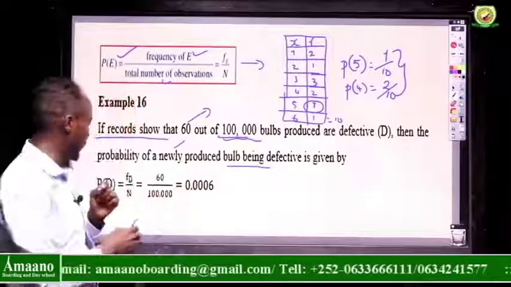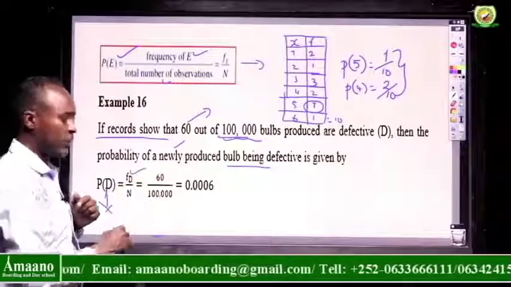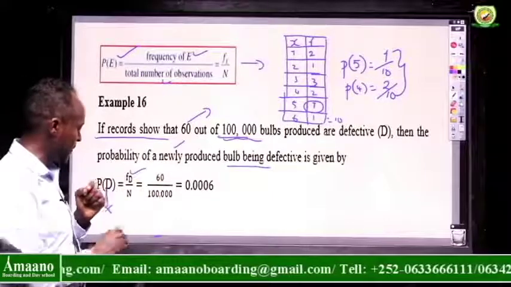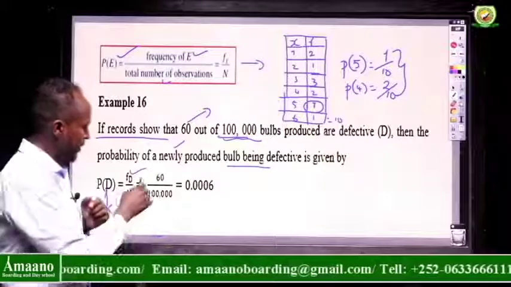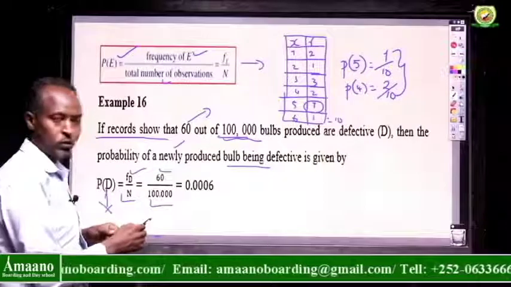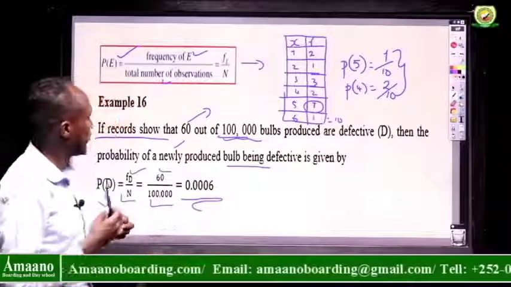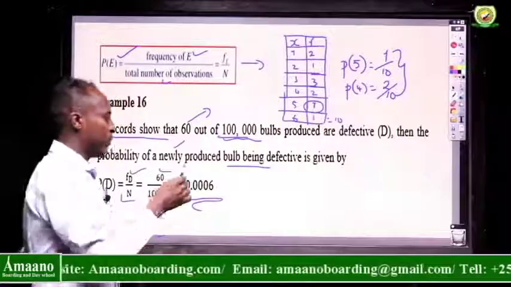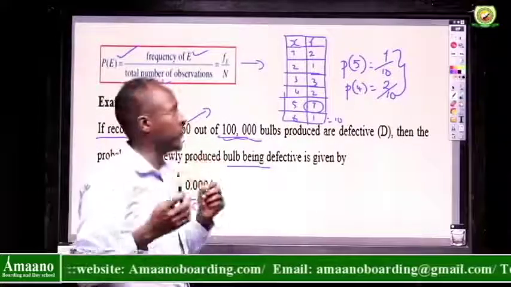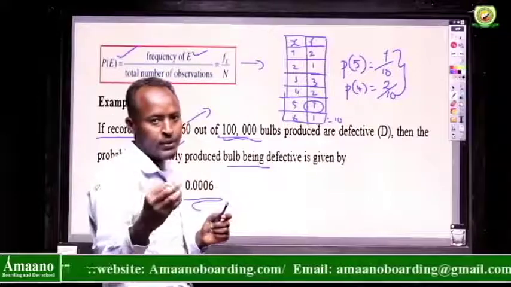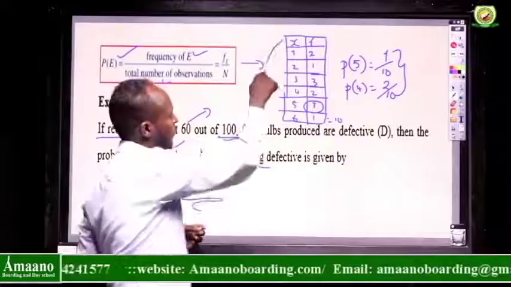Therefore, the probability of getting a defective light bulb is the frequency of the defective light bulbs divided by the total number of bulbs. 60 divided by 100,000, which is 0.0006. Therefore, from the empirical approach, the probability of an event is the frequency of that event divided by the total frequency, as we did from this table.